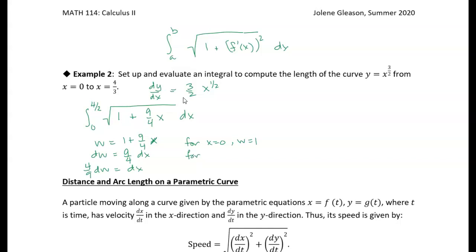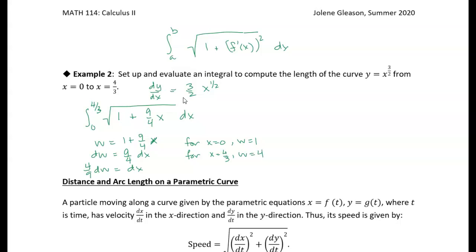The other limit is supposed to be 4/3, not 4/2. So when x is equal to 4/3, I plug that in: 4/3 times 9/4 gives me 3, plus 1, so w equals 4.